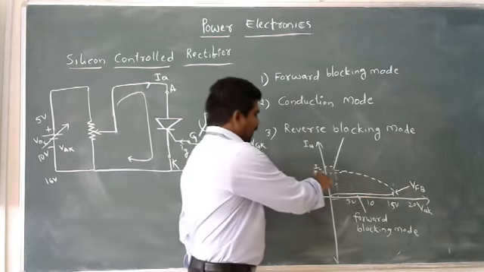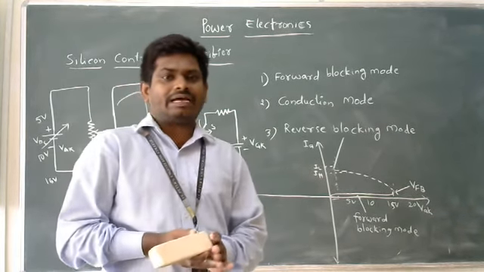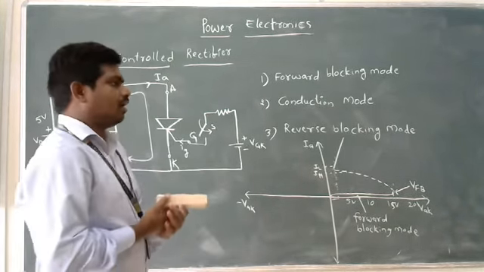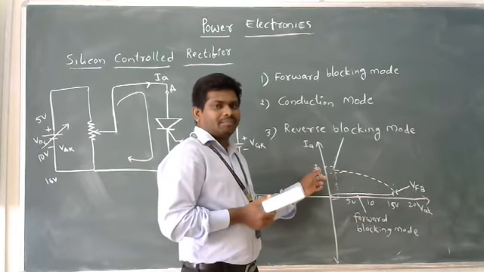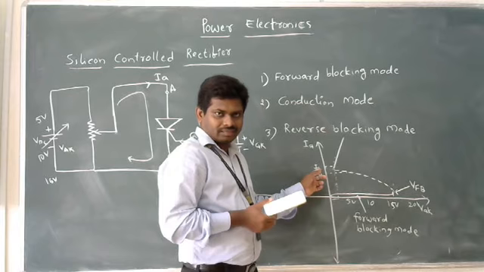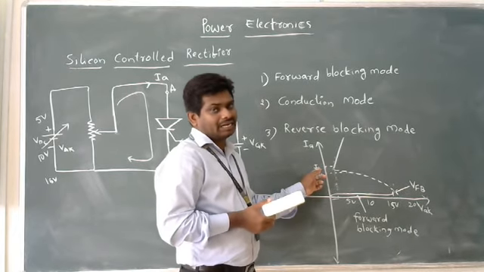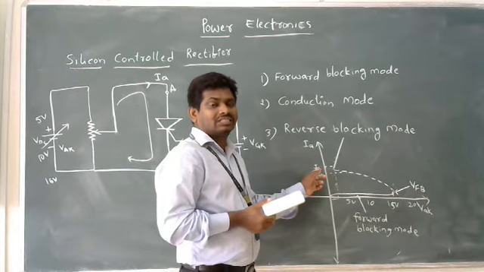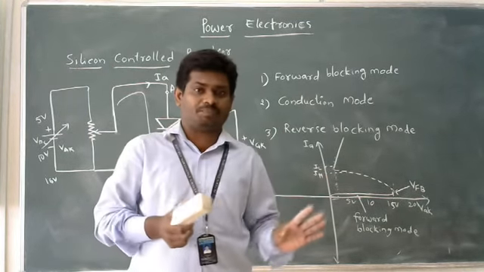Coming to latching current, it is also associated with the conduction state of the SCR, and it is stated like this. Latching current is the minimum amount of current needed for the SCR to maintain its on state even though the gate signal is removed.